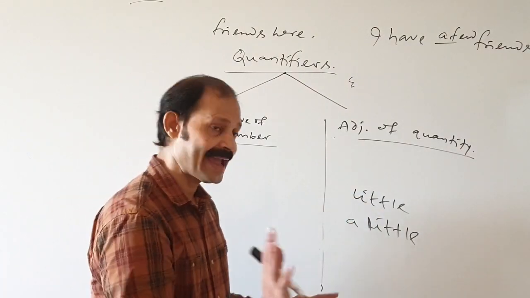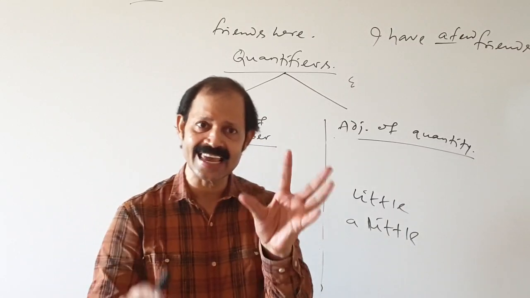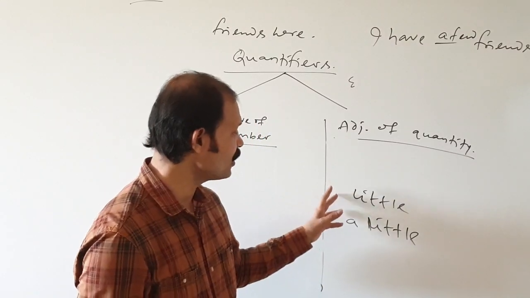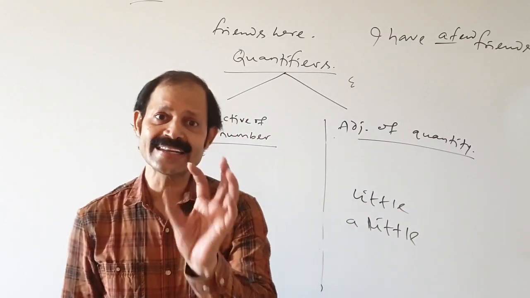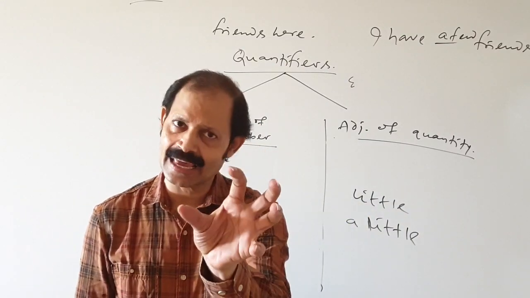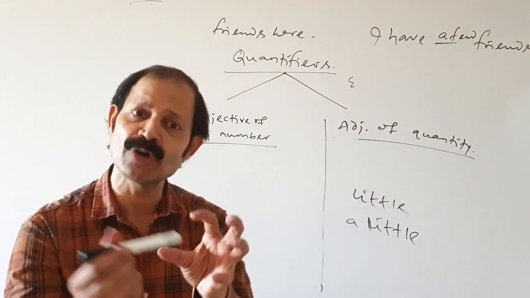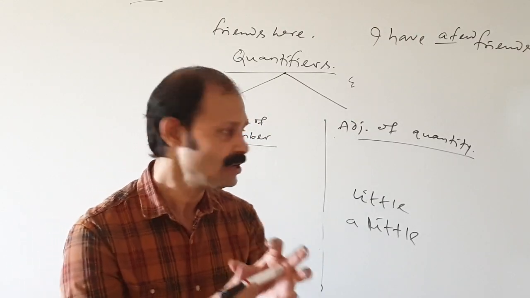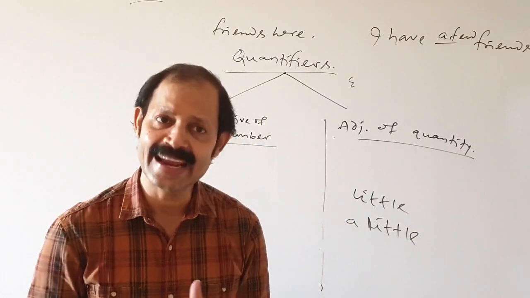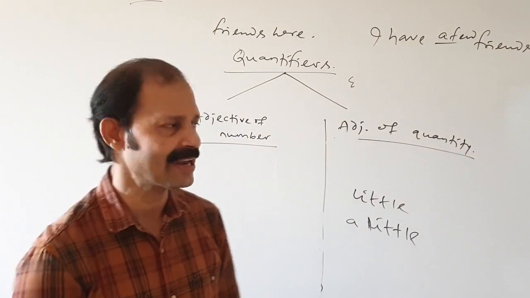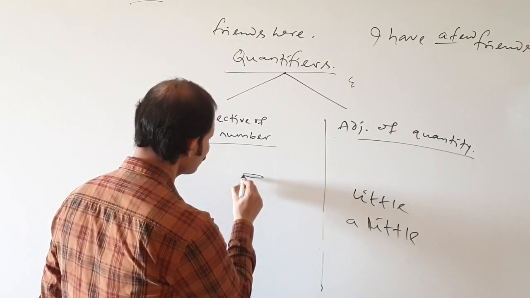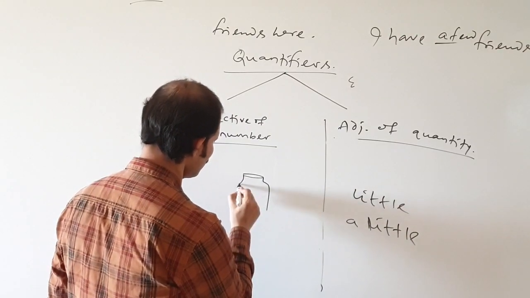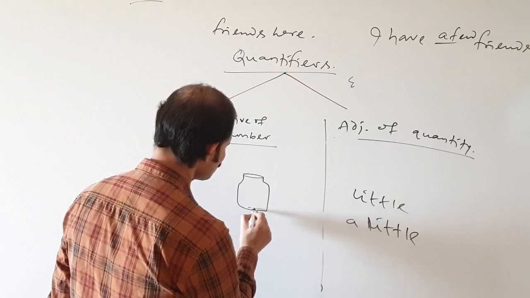How? Again I am telling you, the quantity is the same. Because you are using little or a little before uncountable nouns, the quantity of that uncountable noun is the same. If you are taking it with a positive view, it is a little. With a negative view, it is little. How? I am telling you. Suppose this is the jar, and this much sugar is here.